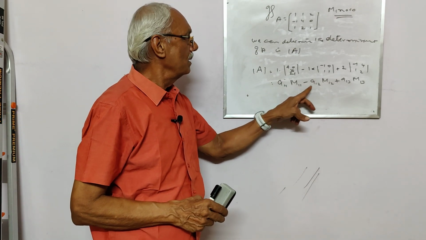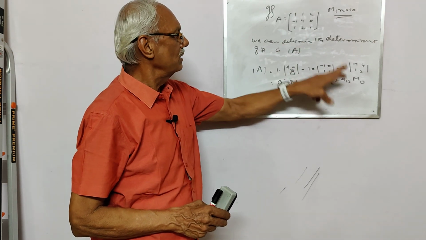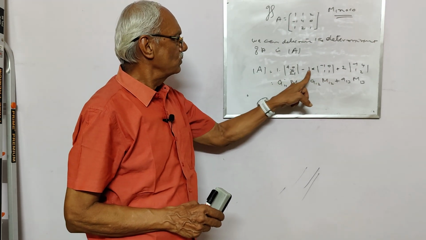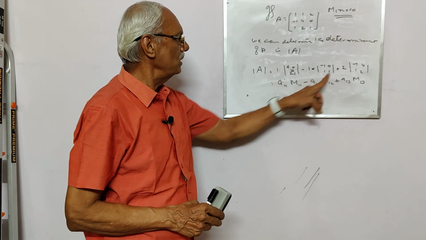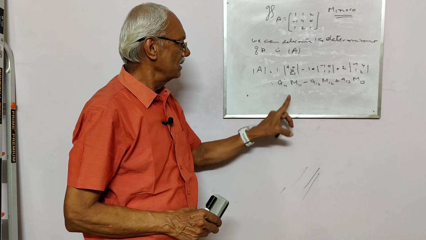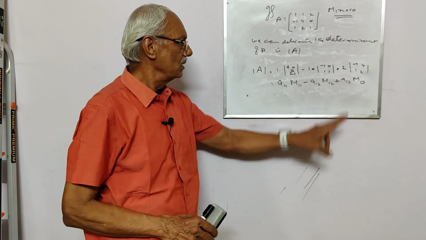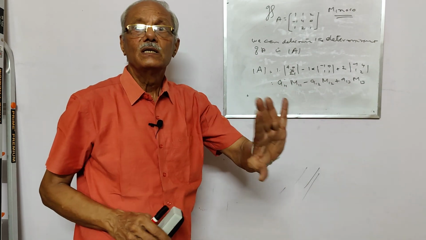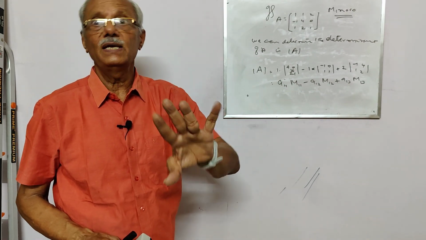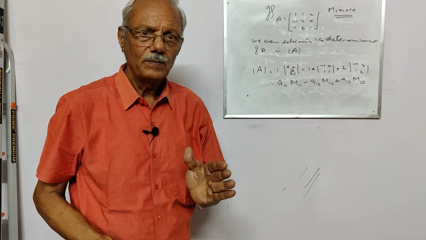A11, M11. A11 is here 1. A12 is 1. A13 is 1. So this is A12, this is A11, 2 is your A13. A11 into its minor M11, A12 M12, A13 M13. So they are called the minors of the matrix. Have this in your mind.